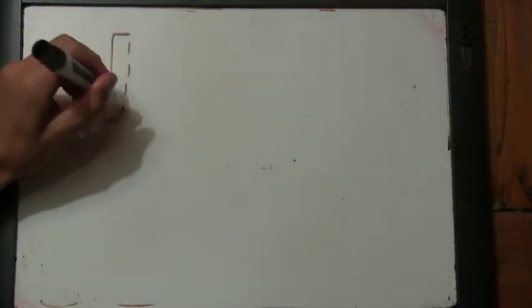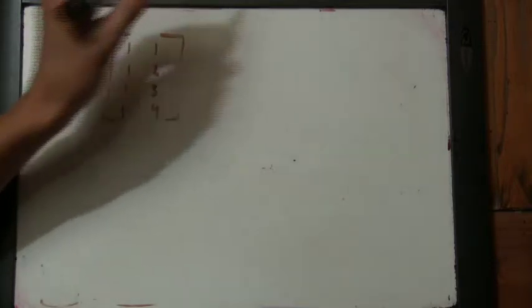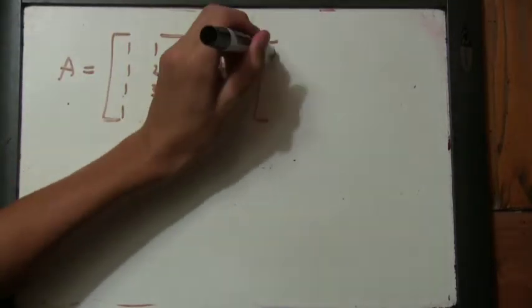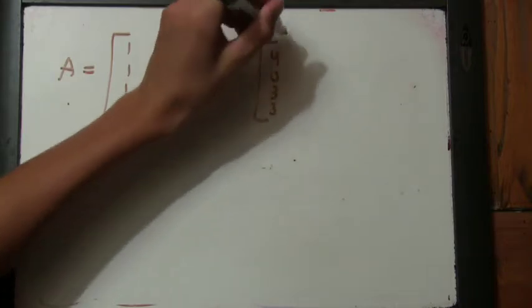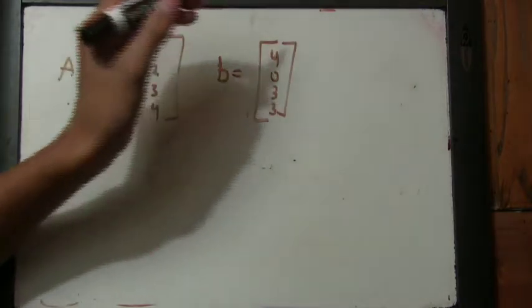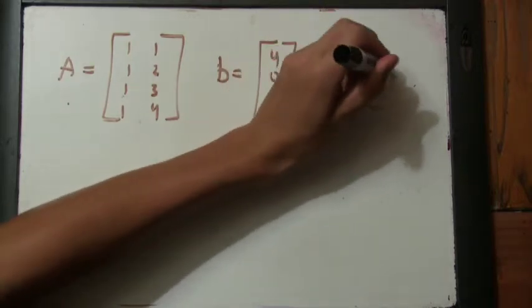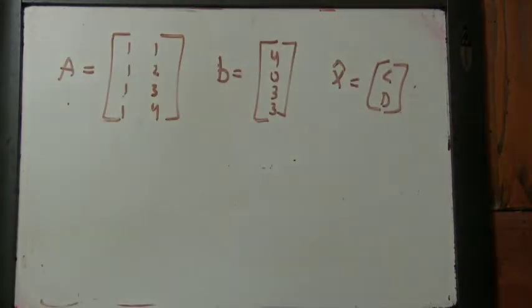So it's 1, 1, 1, 1, and then 1, 2, 3, 4. The matrix B, which is 4, 0, 3, 3. And then the matrix X hat, which is C, D in this case, and that's what we're solving for.